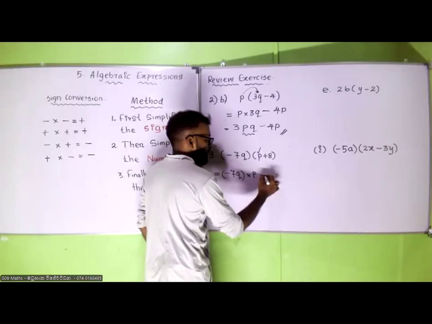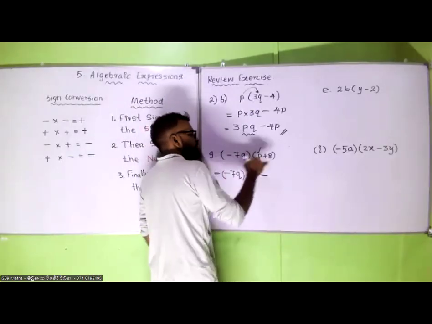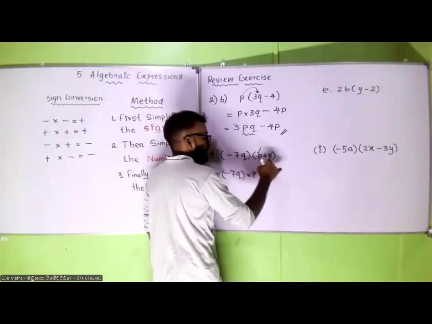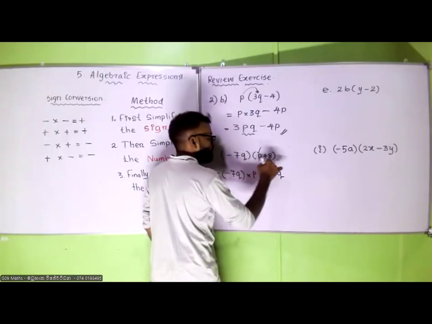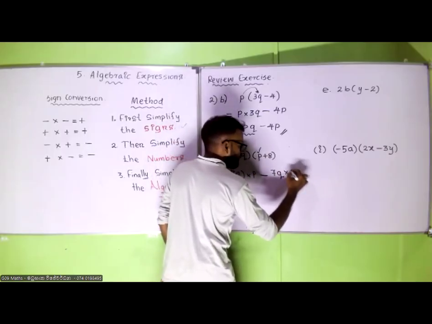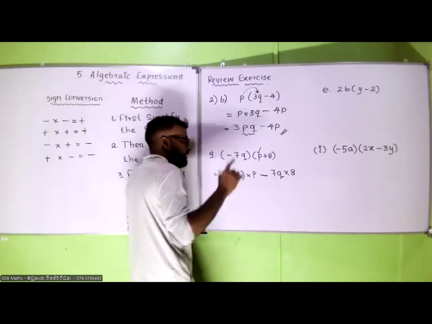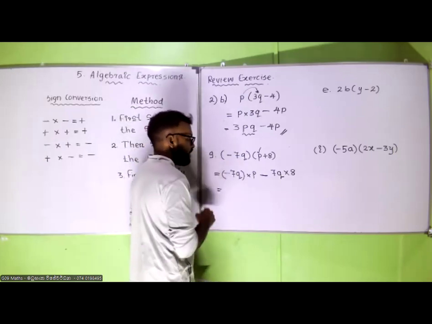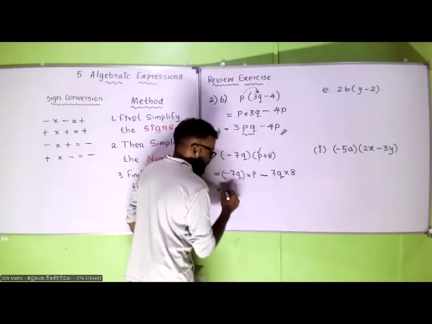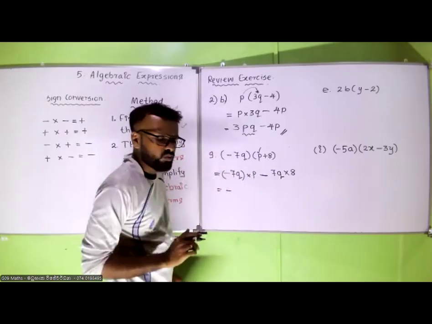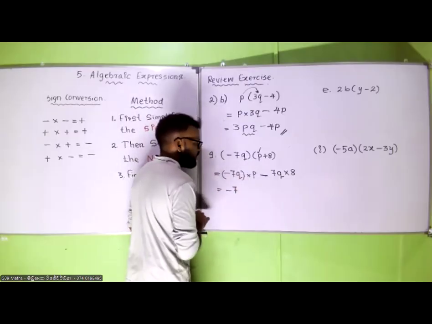Now the sign is okay. 7q times this, 7q times 8. Then equal mark. Here you have negative into positive, negative, the sign is negative. Numbers: 7 into 1, 7.